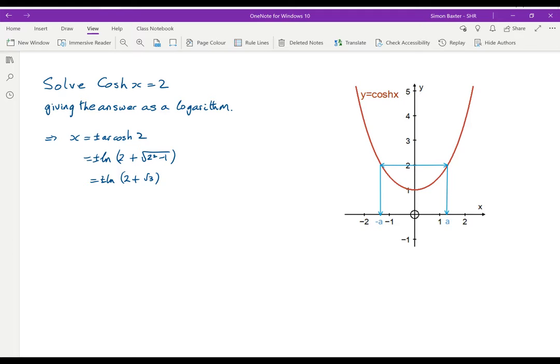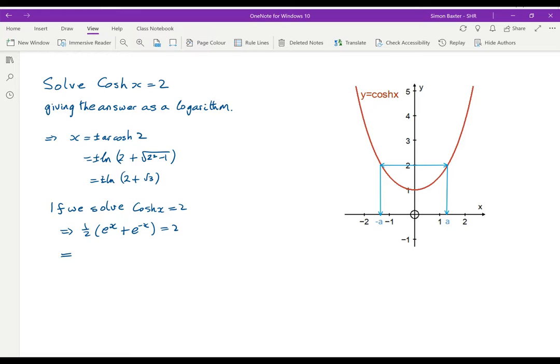On the other hand, if we solve cosh x equals 2 using the exponential method, we get a half e to the x plus e to the minus x equals 2.